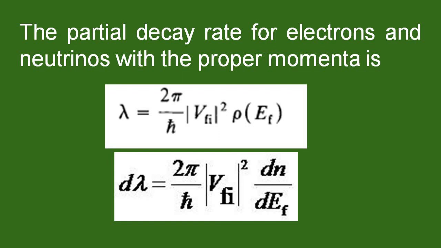The partial decay rate for electrons and neutrinos with the proper momenta is given by the equation we initially wrote: lambda is equal to 2 pi by h cross, Vfi square, rho Ef. Now we can replace rho Ef with dN by dEf, which we already mentioned, is the density of states.